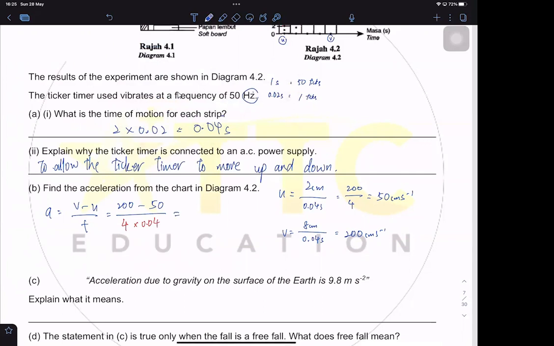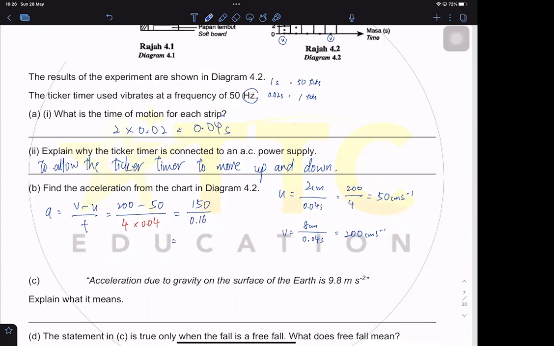So this will be 150 divided by 0.16. Can you calculate what is 150 divided by 0.16? How much is 150 divided by 0.16? Oh, no calculator.